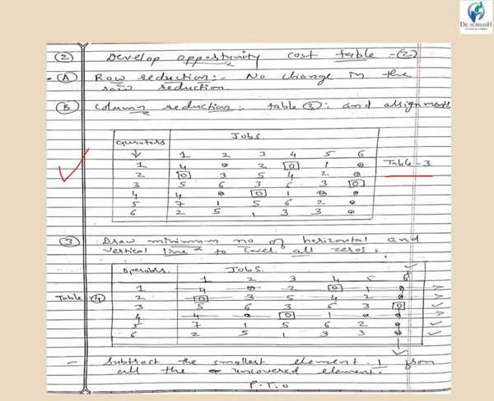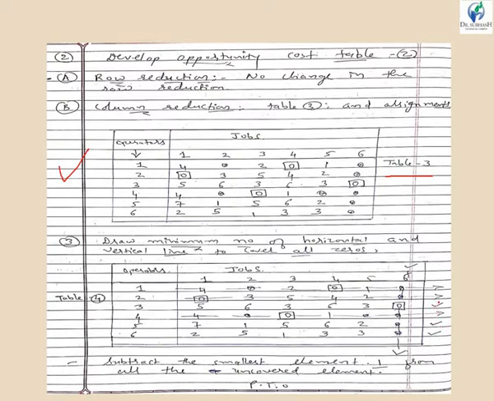Now for the ticked column, the assigned 0 belongs to which row? You can see that it belongs to the 3rd row, so this 3rd row is ticked. Now, to draw the minimum number of horizontal lines, horizontal lines will be drawn from the unticked rows.